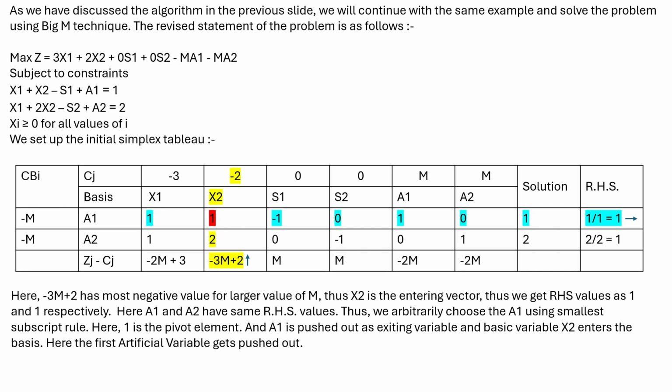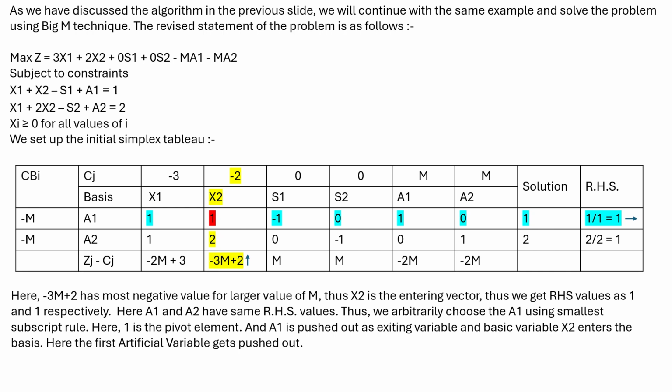Similarly, 2 by 2 gives 1 in the RHS. Here, incidentally, the values of RHS are the same, but we have to look for the smallest positive value. Now here it does not make any sense because both the values are the same.